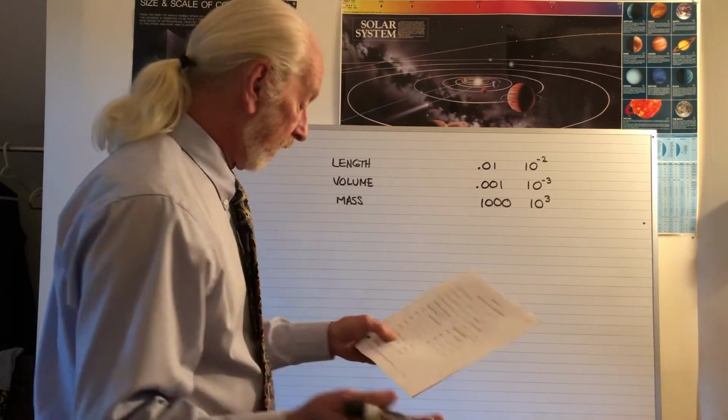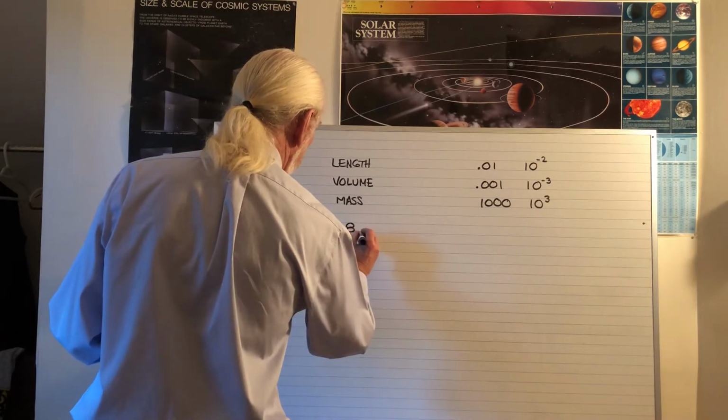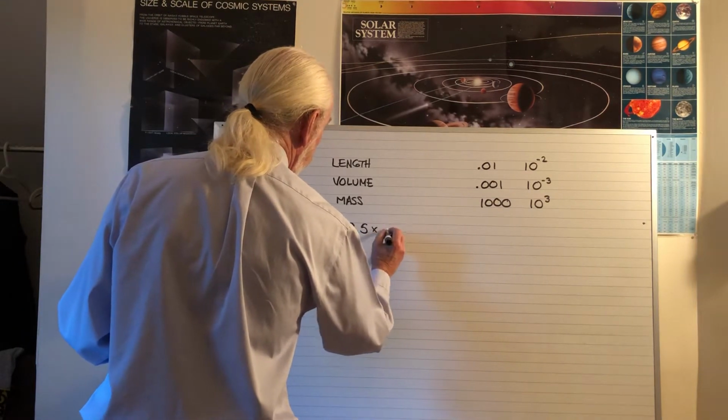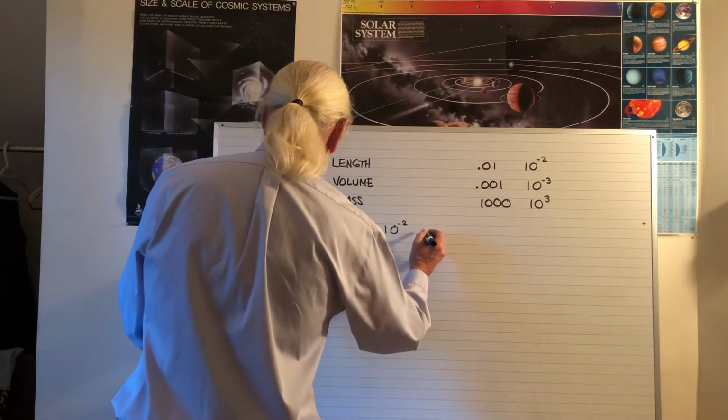All right, so as a result then, at the bottom of the page I have 8.5 centimeters, or I can say 8.5 times 10 to the negative 2 meters.